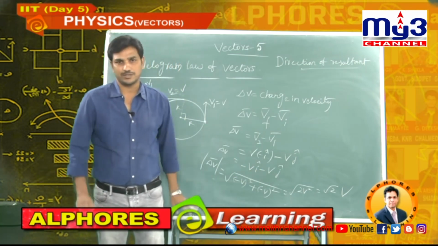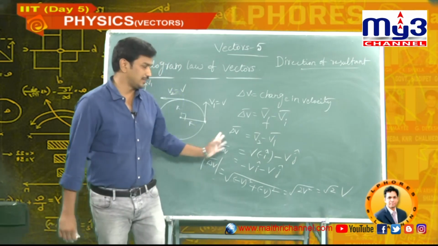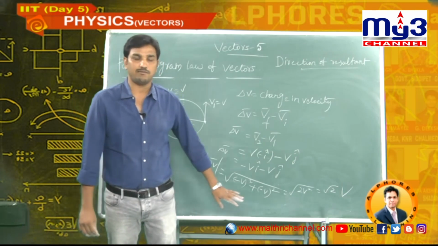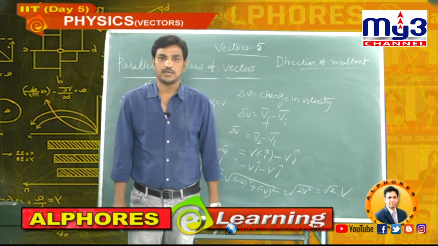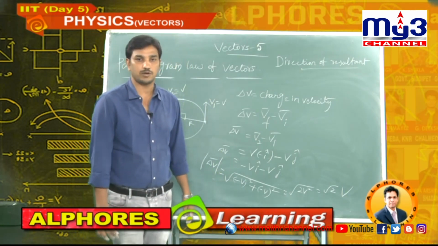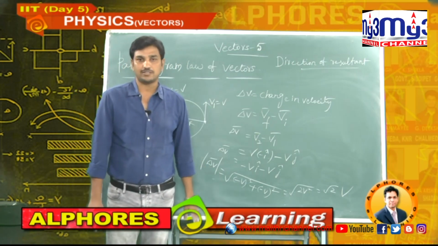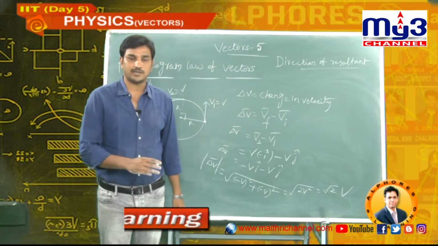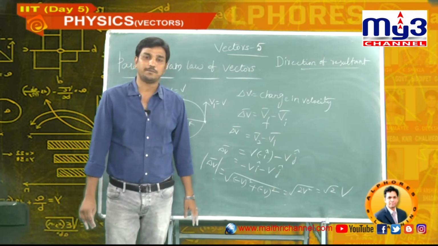Today what we discussed is a continuation of yesterday's topic, which we extended. Yesterday we derived the parallelogram law of vectors: R bar, the resultant, is A bar plus B bar. The resultant magnitude is root of A square plus B square plus 2AB cos theta. Further, today we solved for the angle made by the resultant with A bar: tan alpha is equal to B sin theta by A plus B cos theta.